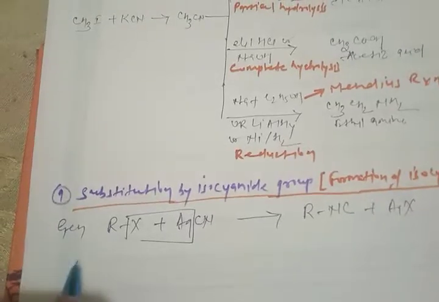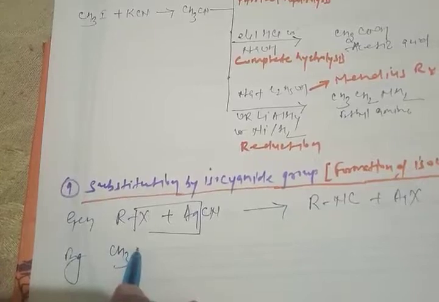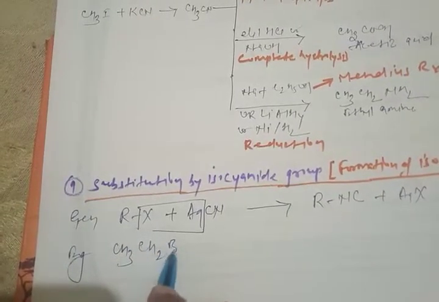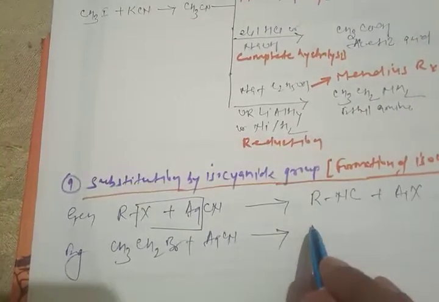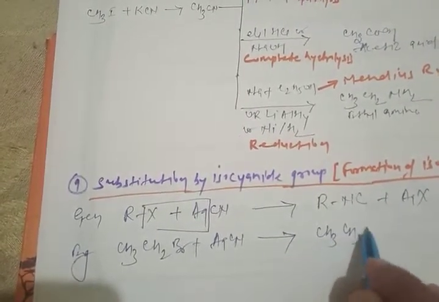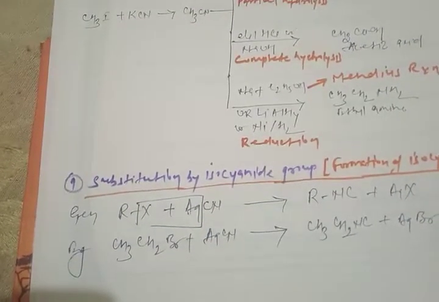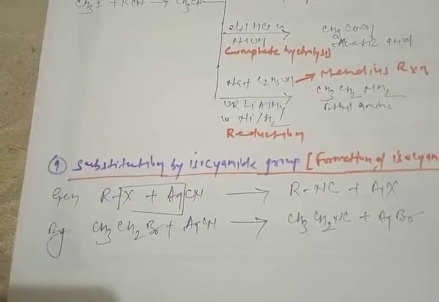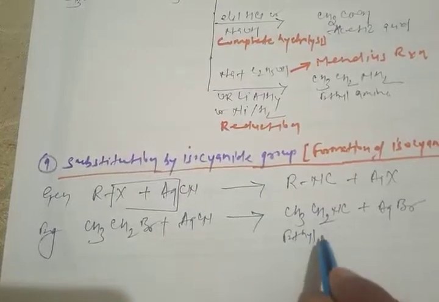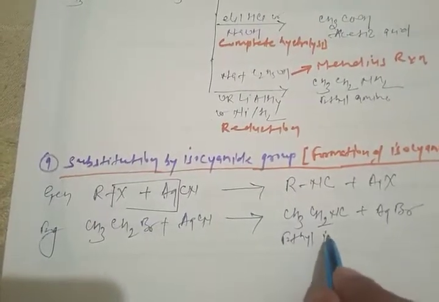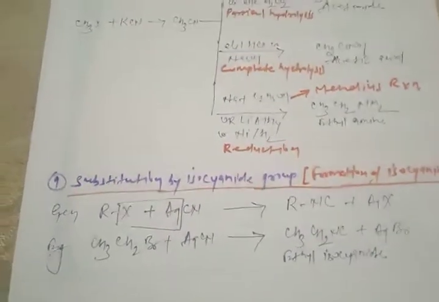You can take an example also. If we have CH3CH2Br and AgCN, what will we get? We'll get CH3CH2NC plus AgBr. This is called ethyl isocyanide.